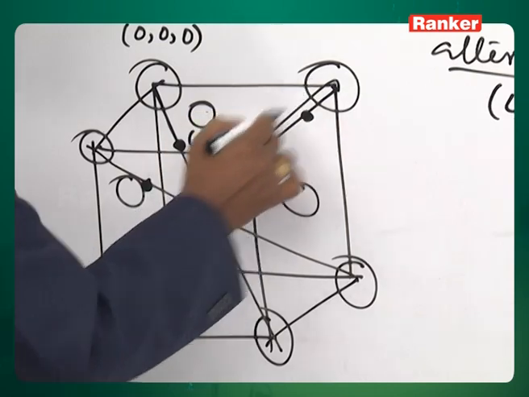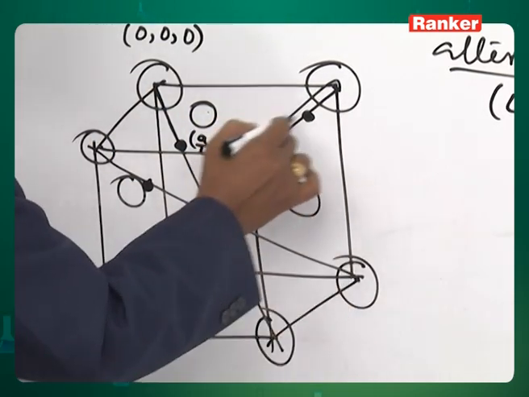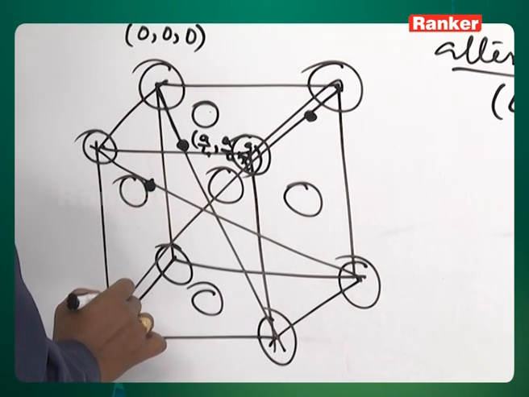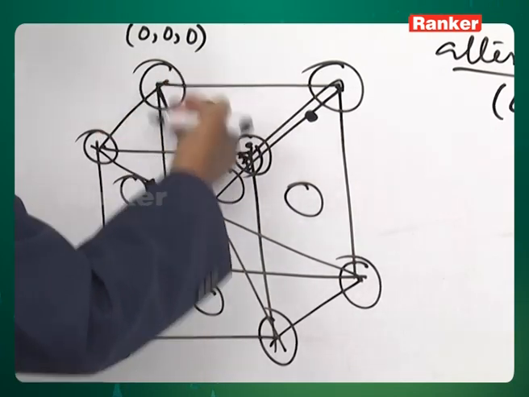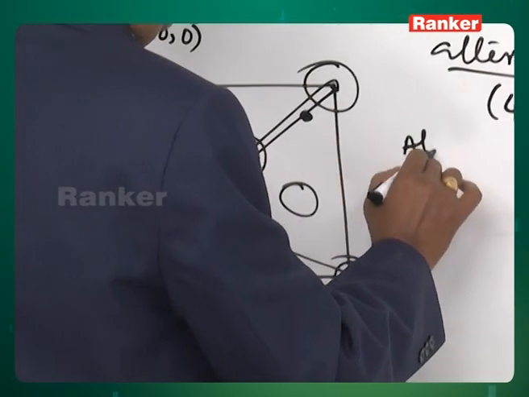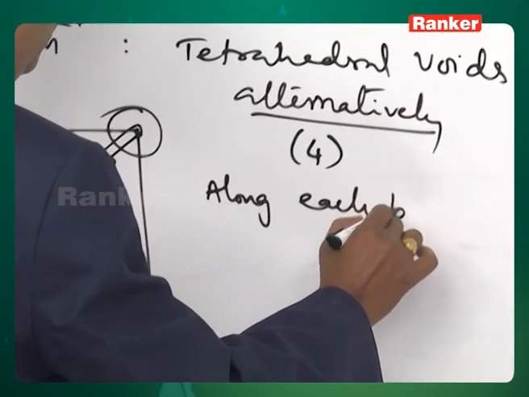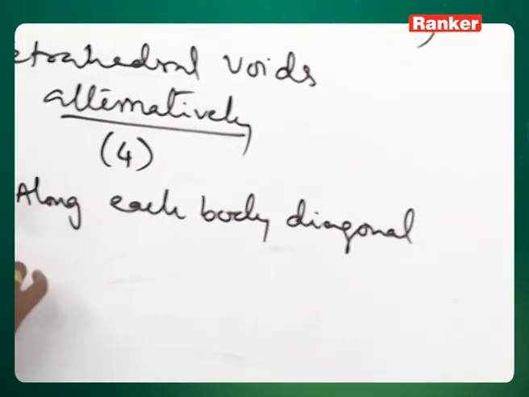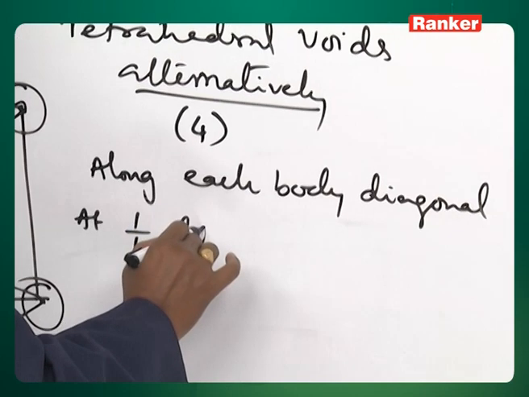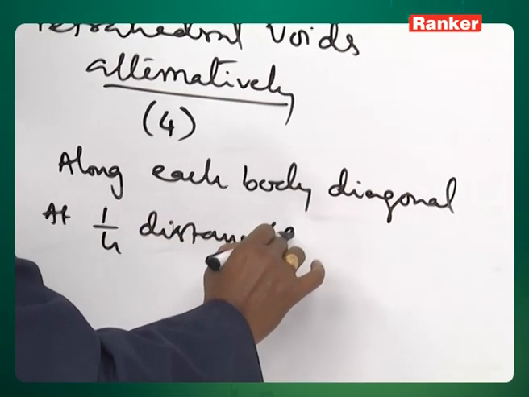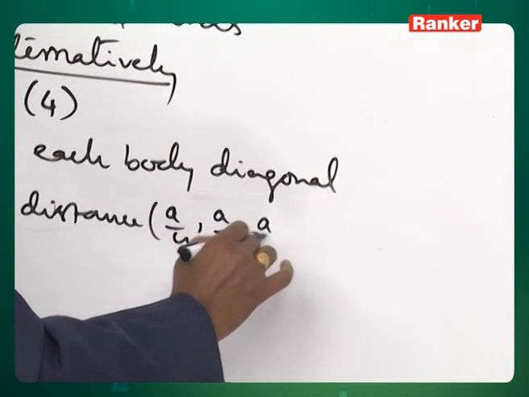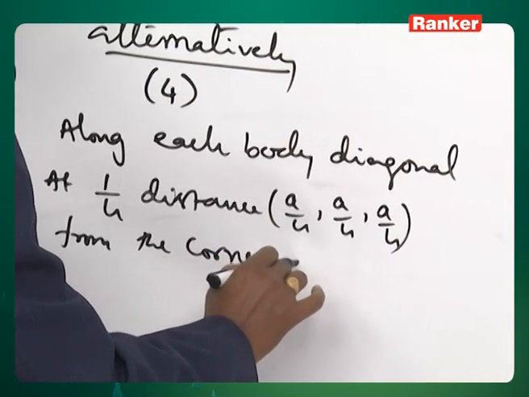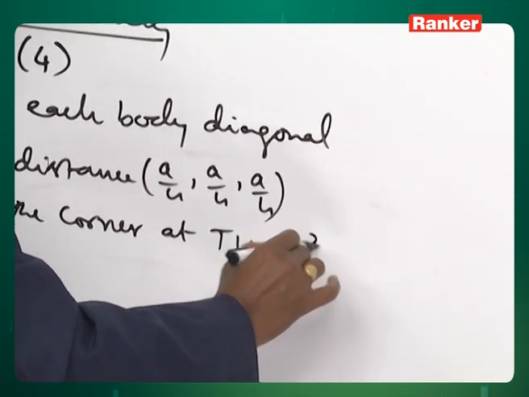And then from here to here, here to here, here to here, these are the 3, and on the other side again you will have 1. And this front and back, which we are not able to show here, you will get along each body diagonal at 1/4 distance, A by 4, A by 4, A by 4, from the corner, at a tetrahedral void, a zinc ion is present.